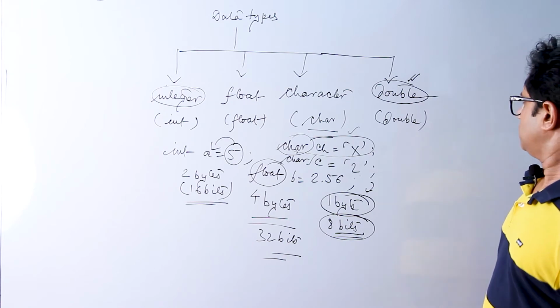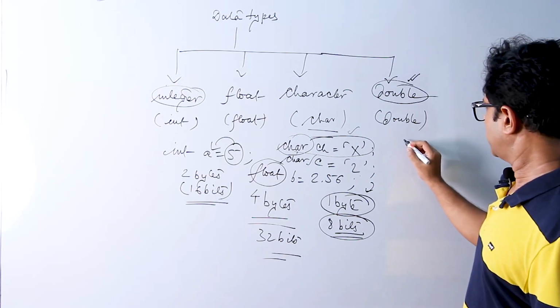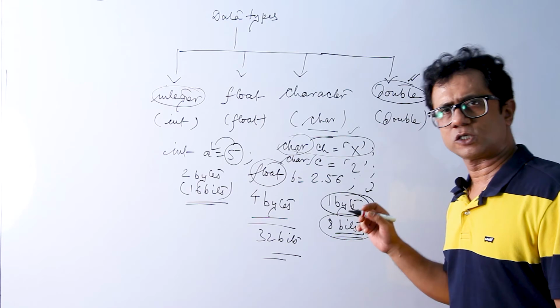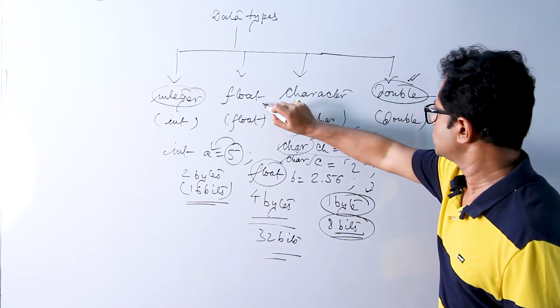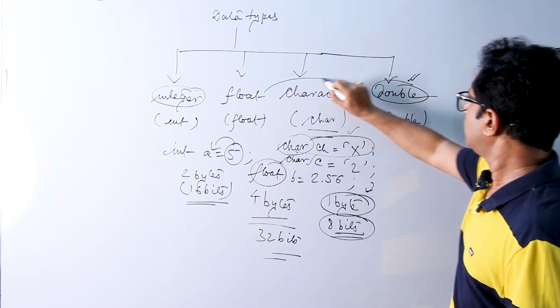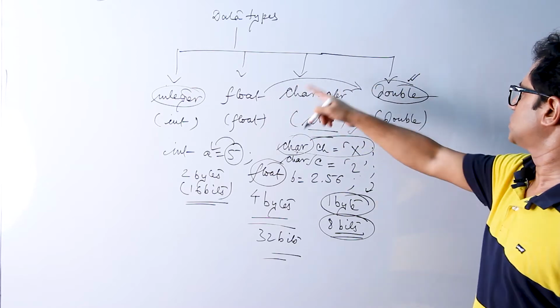And double is something which can hold fractional values, and is supposedly the higher version of float.